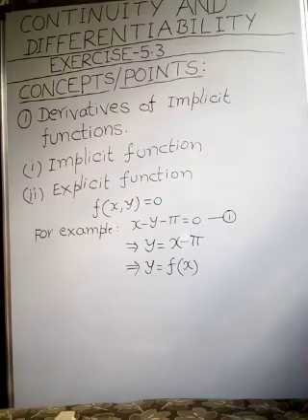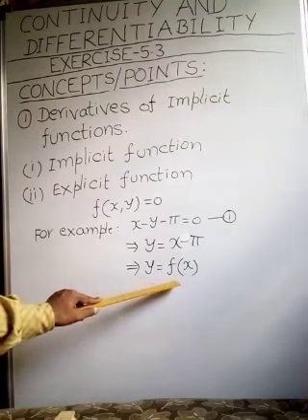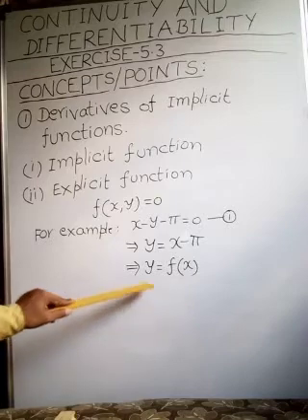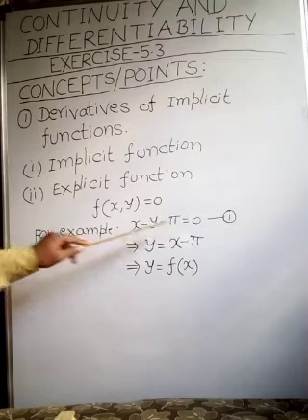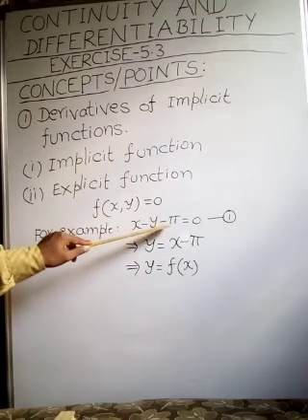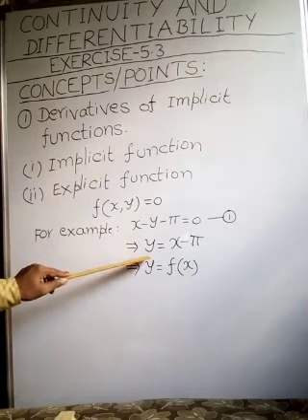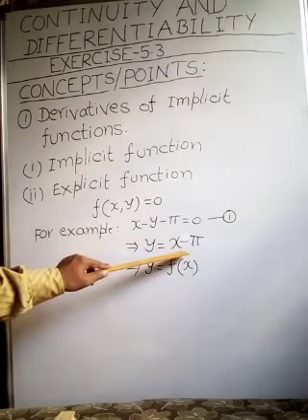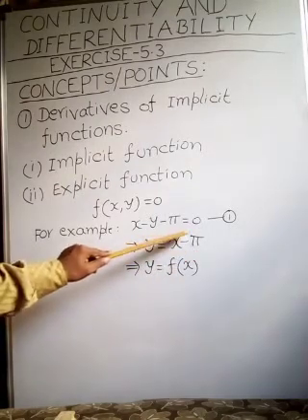If we can solve for y and write y is equal to f of x, we say that y is given as an explicit function. Here y is expressed in the form of f of x, so it is called an explicit function. In this first equation, x minus y minus pi is equal to 0, we can write the y value in terms of x, or we have solved this equation for y.